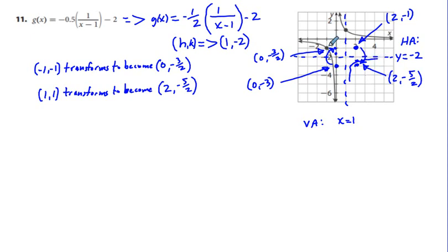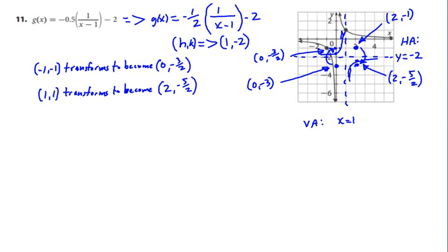And on the left side of the vertical asymptote, we have this thing right here, and it's going to come like this. And what I did, well, I guess I'll show that right now.